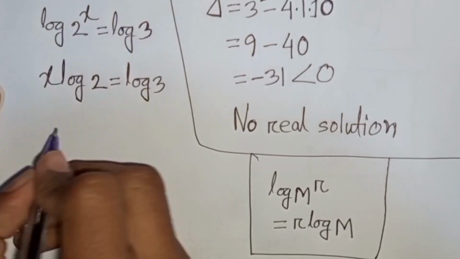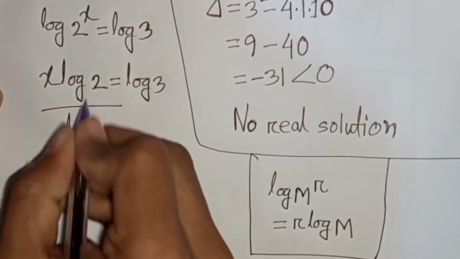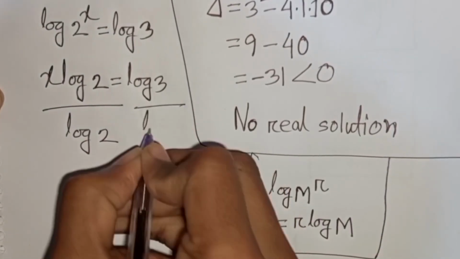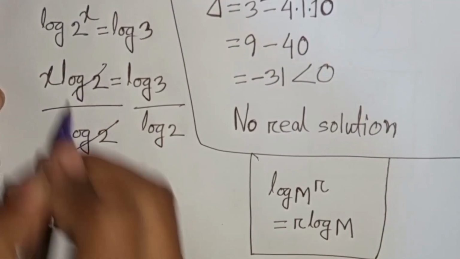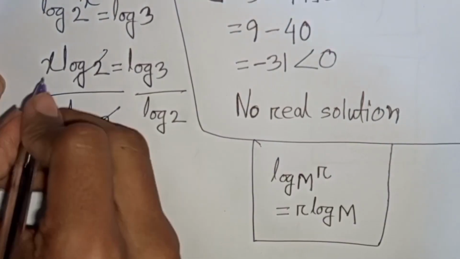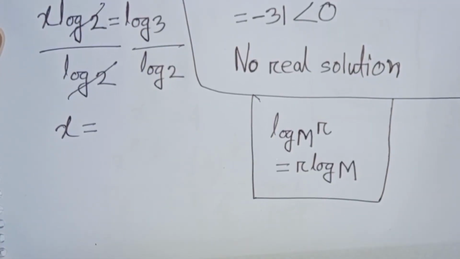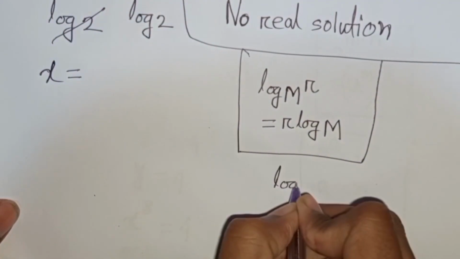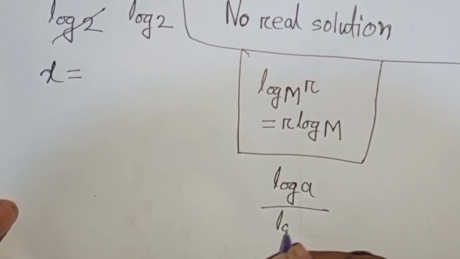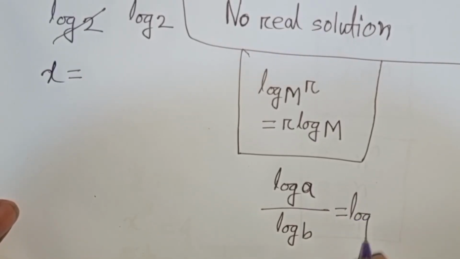Now we need the value of x, so divided by log 2 in both sides. So divided by log 2 divided by log 2. Now we see this log 2 will be cancelled. So here x will be equal to, here we can apply this formula log a divided by log b is equal to log a base b.